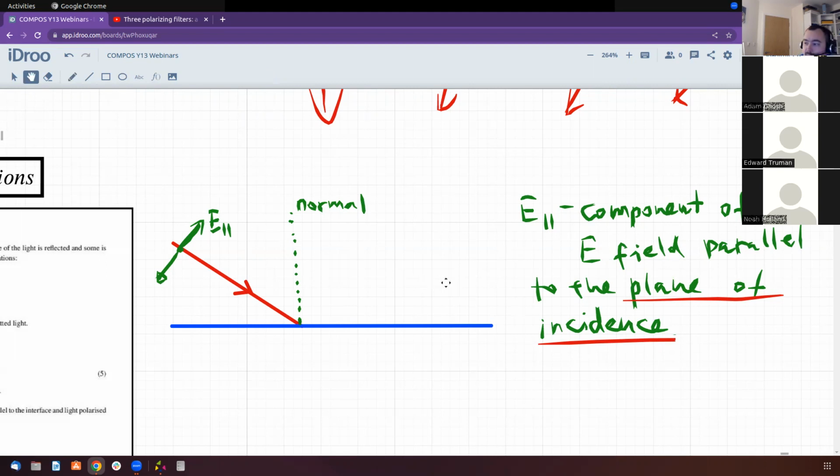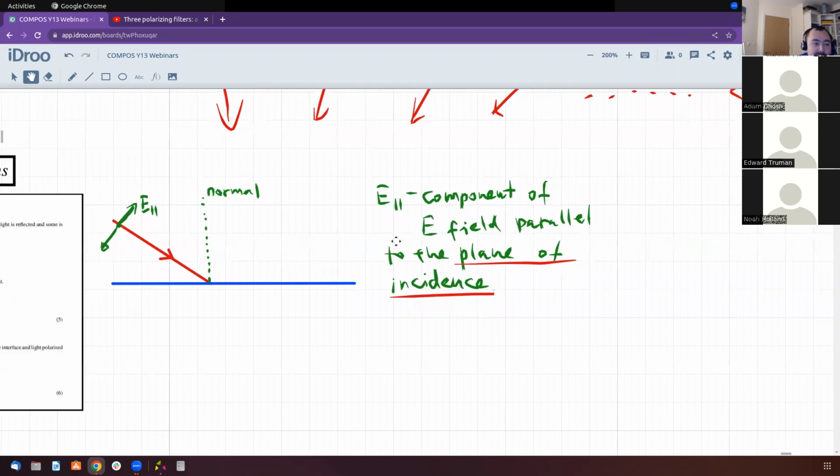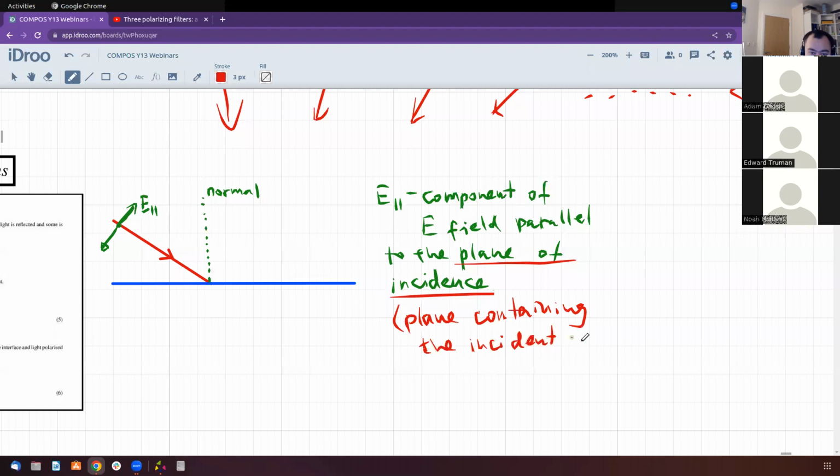Good. The plane of incidence is the plane containing the incident ray and the normal. So this plane.